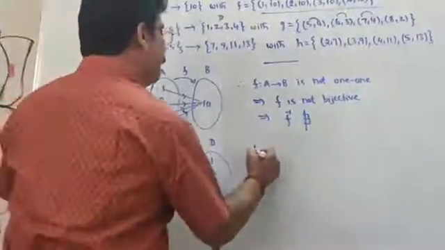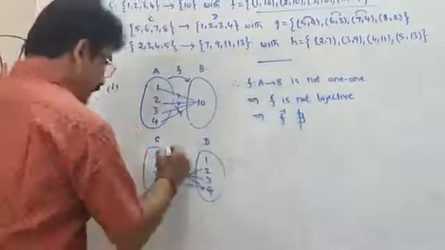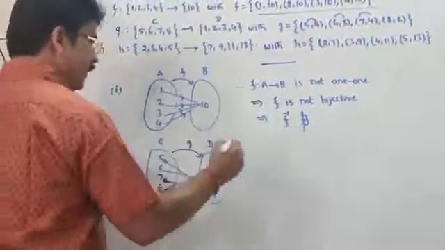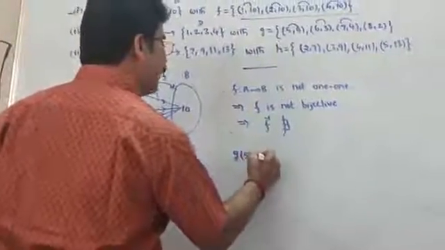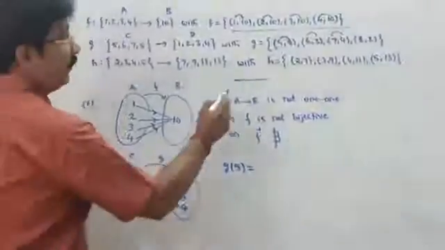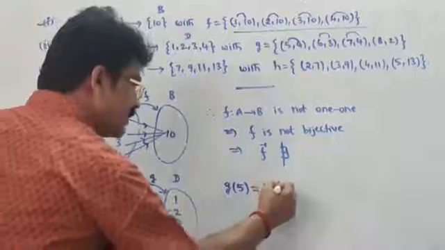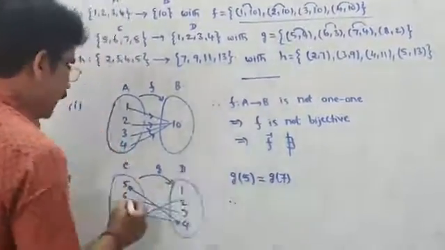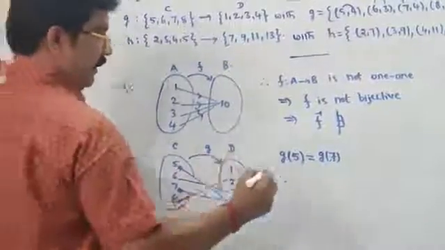So g of 5 equals g of 7. Therefore different elements have the same image, so g is not one-one.